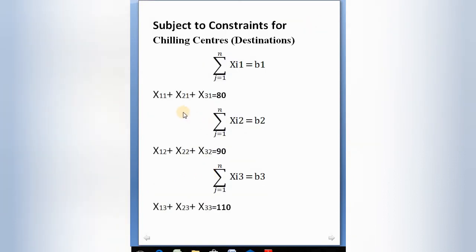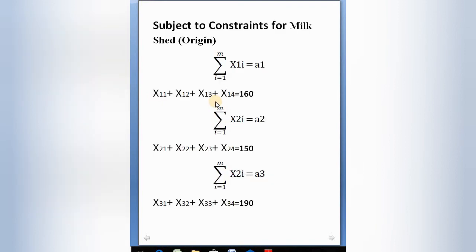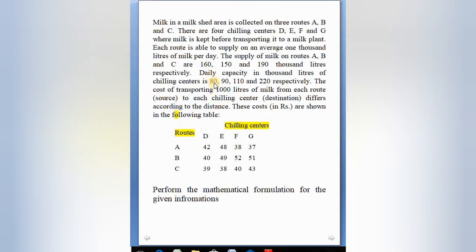Look here: x11 from route A to destination 1, x21 from route B to destination 1, x31 from route C to destination 1, and the total requirement of destination D is 80.